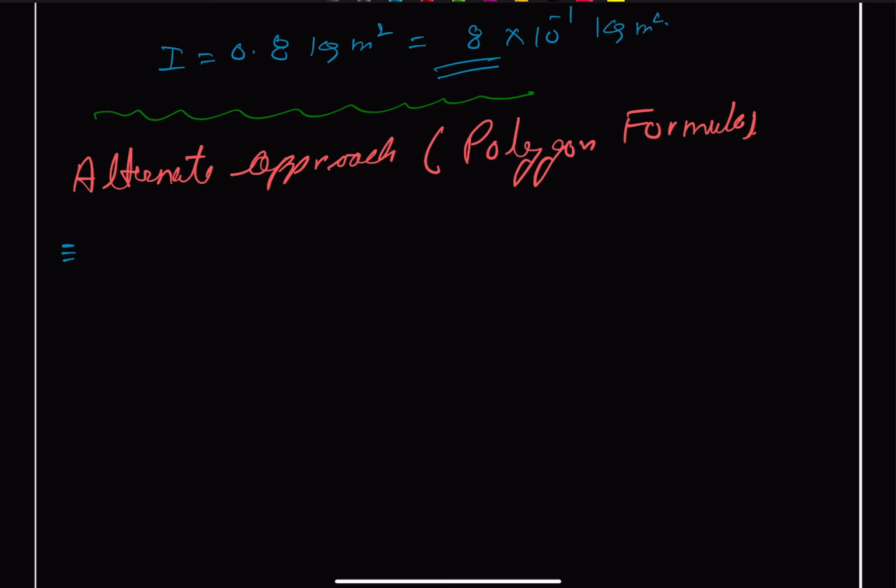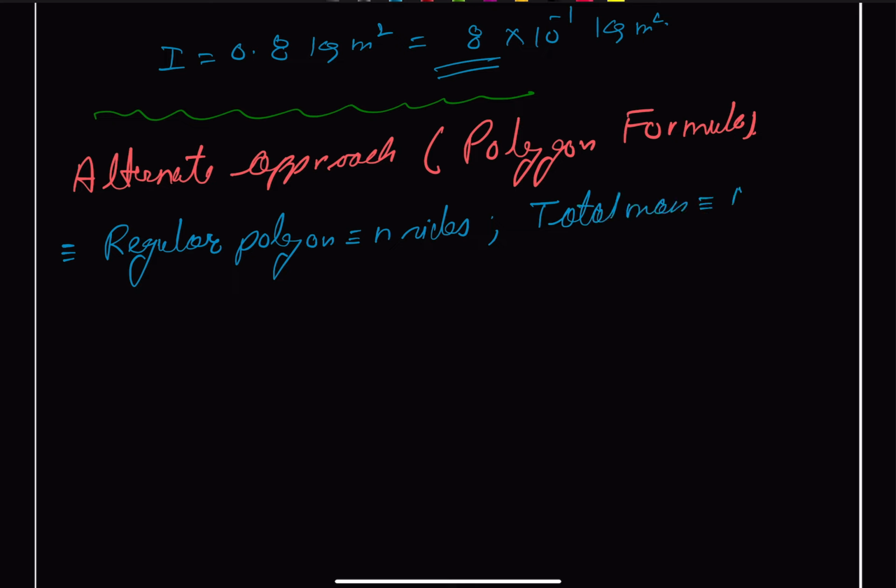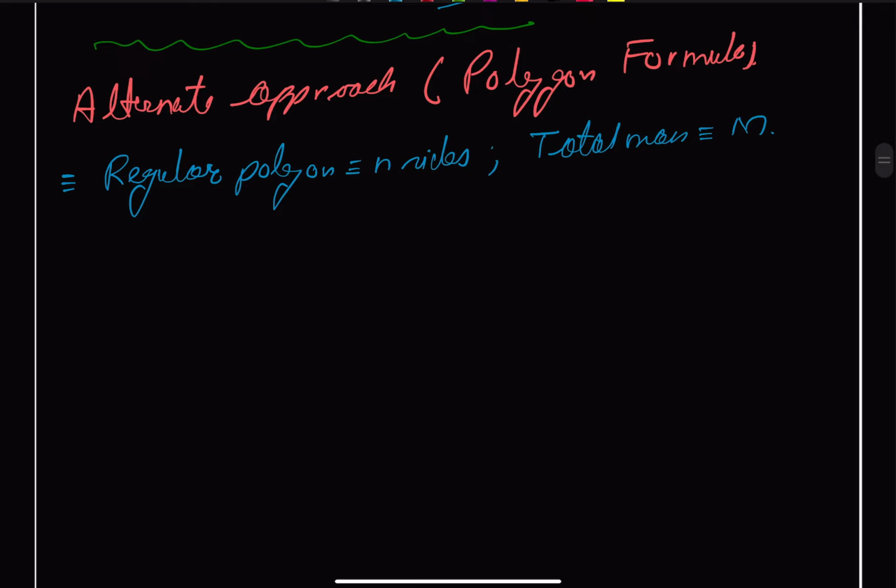So the basic formula is that we have a regular polygon which is having n sides, and we have total mass is capital M, and we consider a circumradius is capital R.